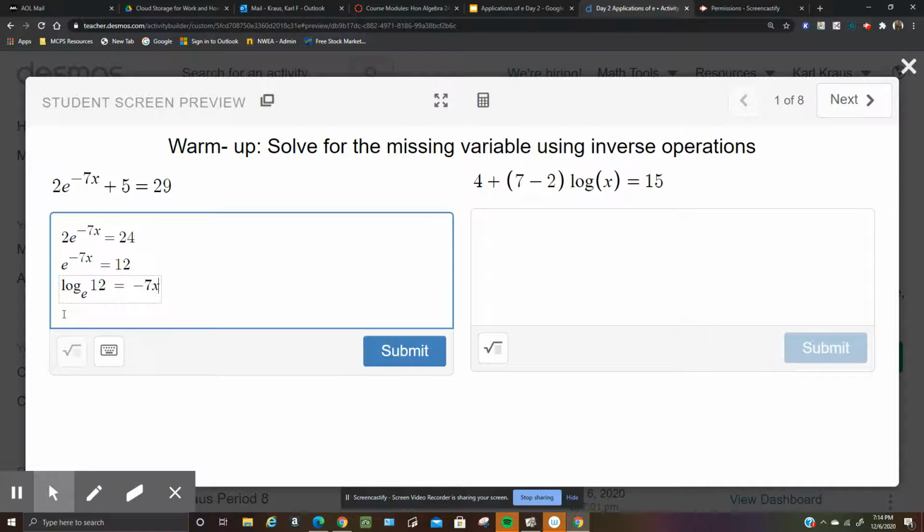And so log base e is actually the natural log. So natural log of 12.